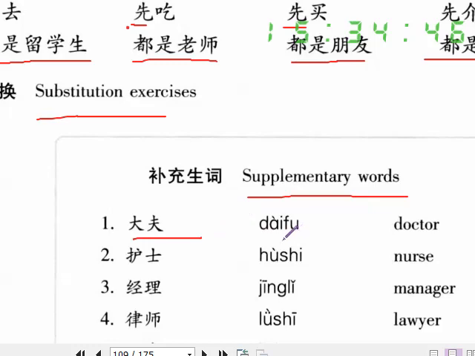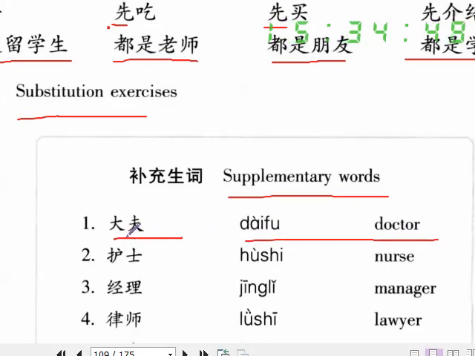Substitution, supplementary words. 大夫, sometimes it's pronounced dài, large or big, but here with 夫 it is called dài fu.